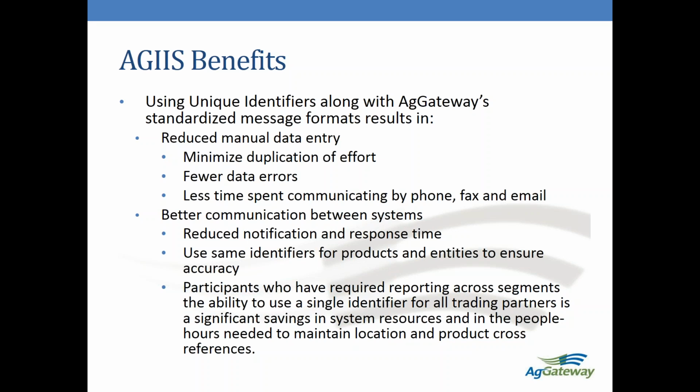There are better communications between systems, and reduced notification and response times. For participants who have required reporting across segments, the ability to use a single identifier for all trading partners is a significant savings in system resources.